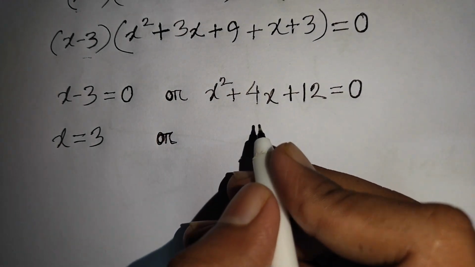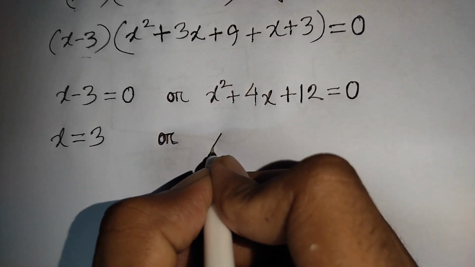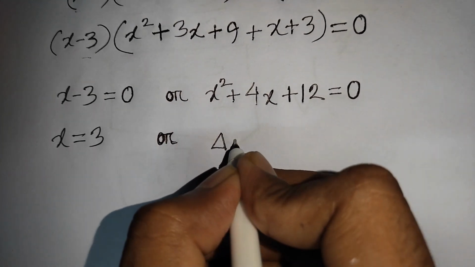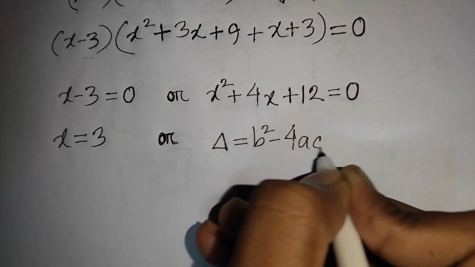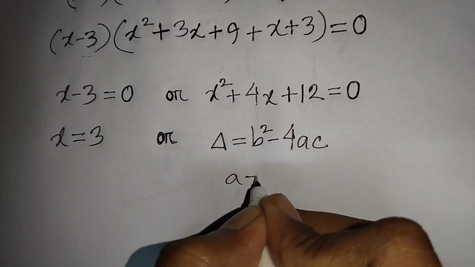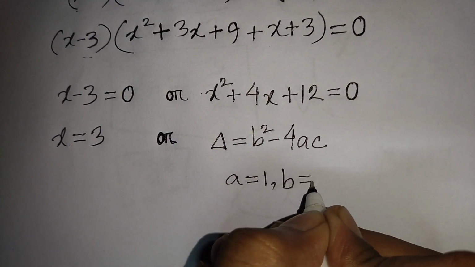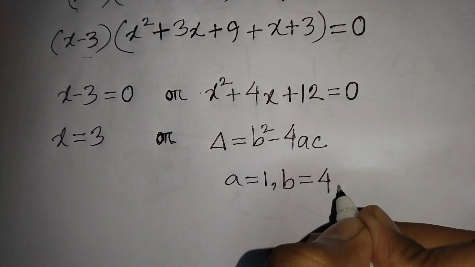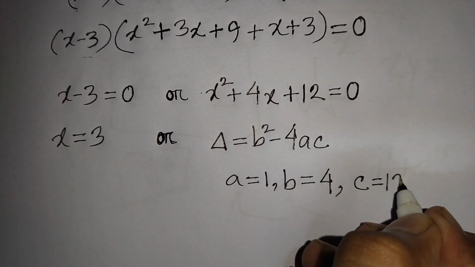Or here you can apply the discriminant formula. So you can write here delta is equal to b square minus 4ac. Here a will be equal to 1, then b will be equal to 4, after that c will be equal to 12.